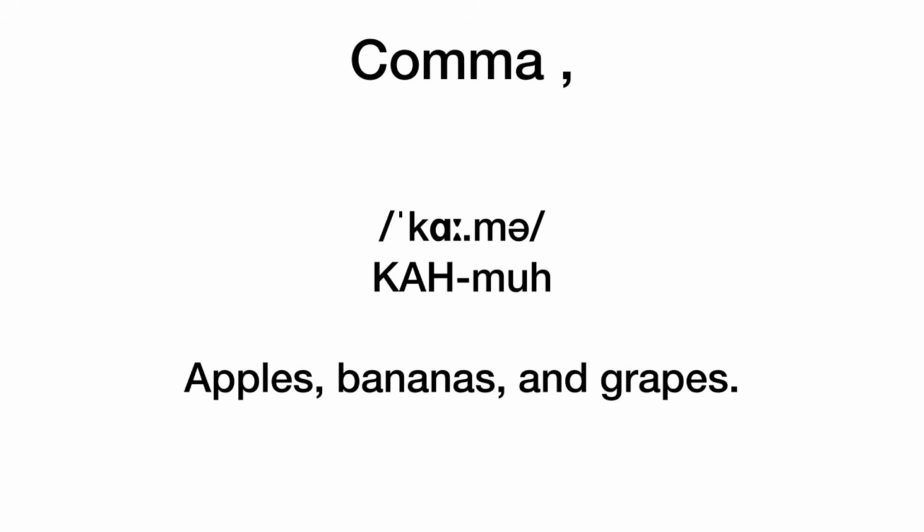Next up, we have a comma. And a comma shows a grouping that we're going to continue. There's a little pause. We're going to keep going. So we have apples, bananas, and grapes, and those are separated with a comma. So for this, open wide for that ah and ka, comma.